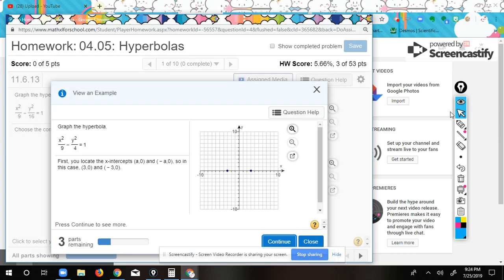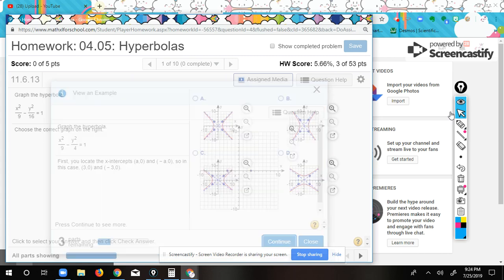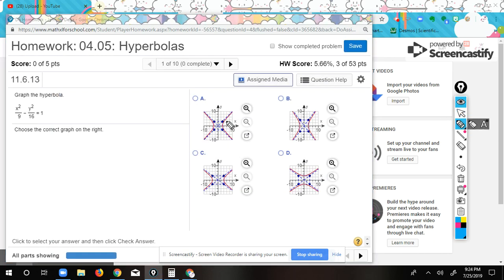And this says the first thing we're going to do is locate the x-intercepts, and that's the square root of whatever is underneath that x value. So for us, the square root of 9 is 3. So we're going to have intercepts at 3 and negative 3. They're always on each side here.